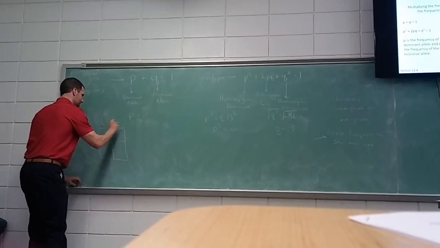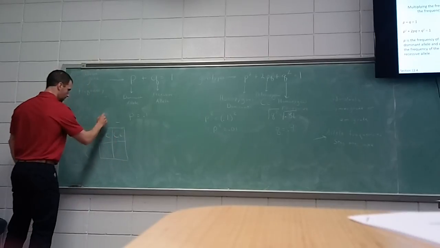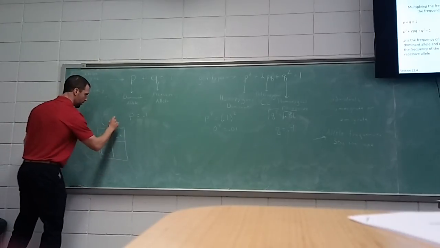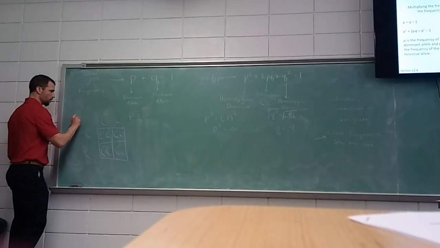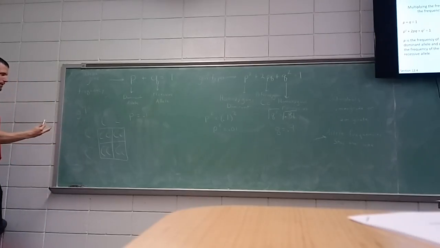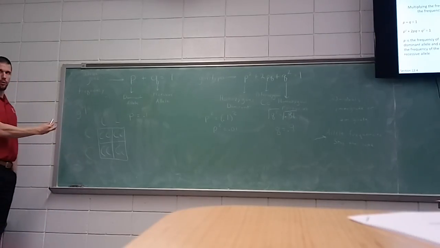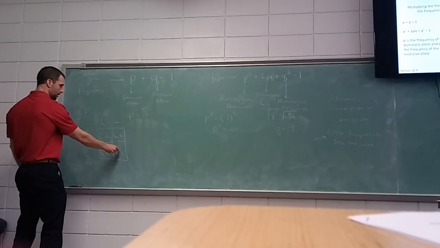Alright, so you have CC, you have a heterozygous here, you have a homozygous dominant, and you have a heterozygous. So in that first generation, generation 1, we don't have any phenotypes that have cystic fibrosis. And so now let's say that we take these two.